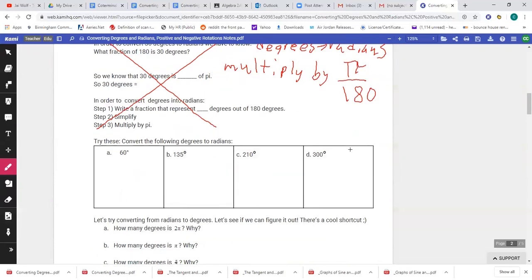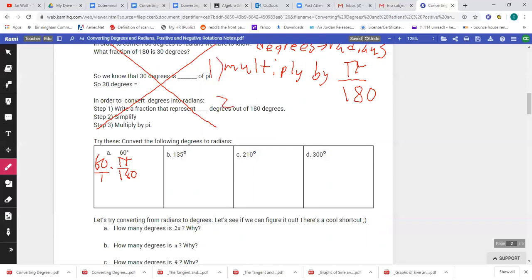So let's say I want to convert, and this is what your homework is going to look like. I want to convert these into radians. So I have 60 degrees. So what I'm going to do is I'm just going to multiply 60 by pi over 180. Now we could just put a 1 over the 60. And so now I have this. I'm multiplying two fractions. That's step 1.